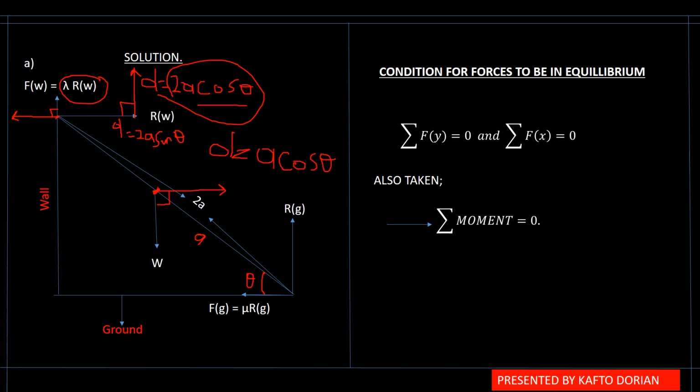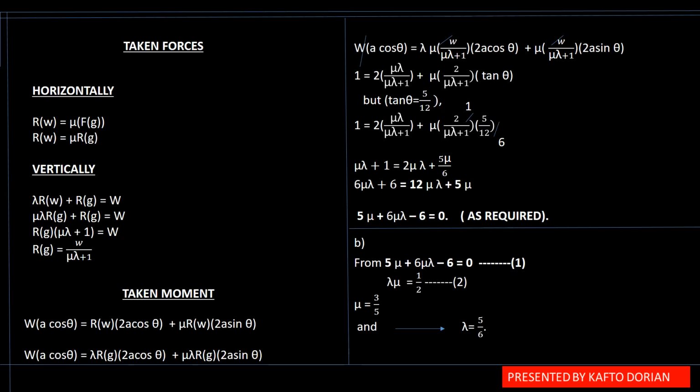So now to obtain the sum of the moment, the sum of the anti-clockwise moment is equal to the sum of the clockwise moment, as we are seeing from this above taking the moment. So I have the sum of the clockwise moment is equal to the sum of both anti-clockwise moment.